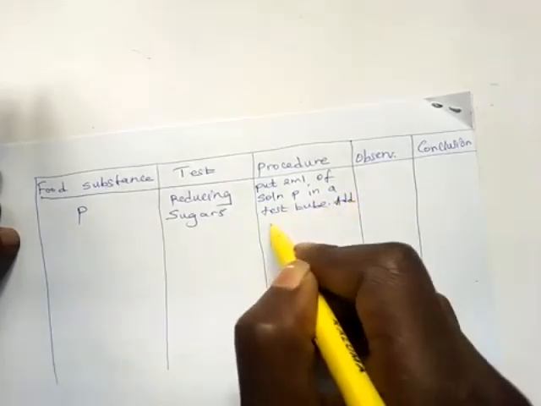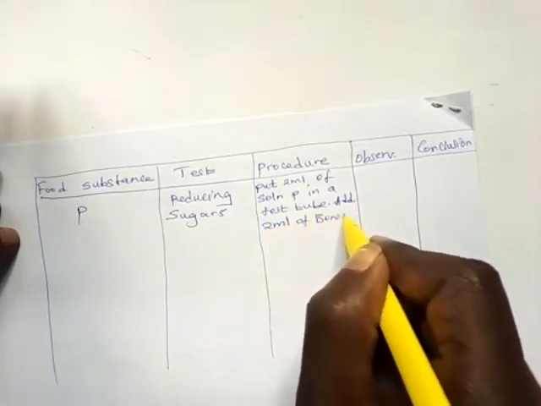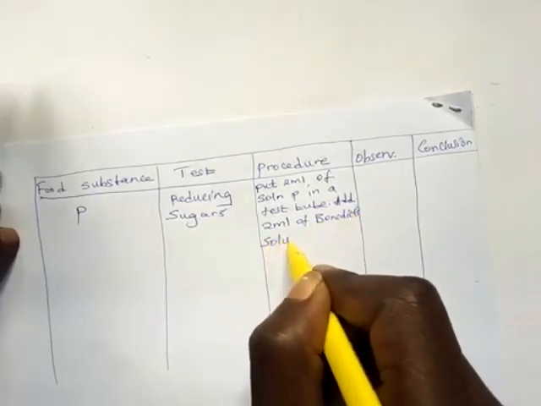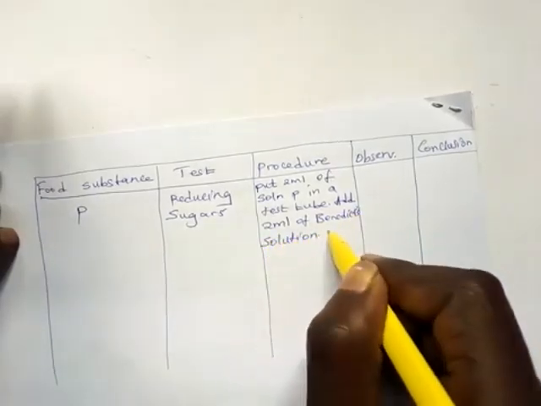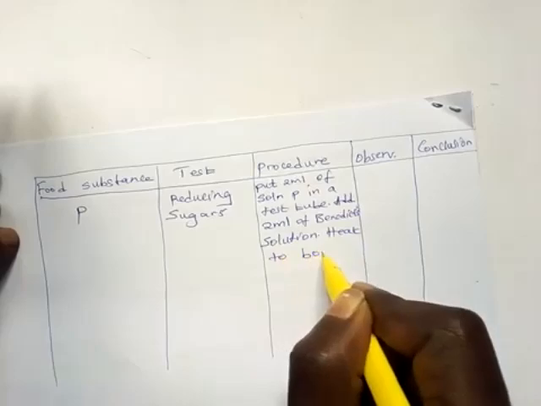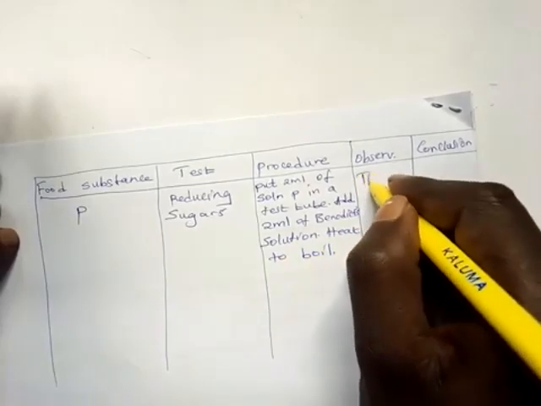Add an equal amount, 2 milliliters, of Benedict's solution, and then you heat to boil.